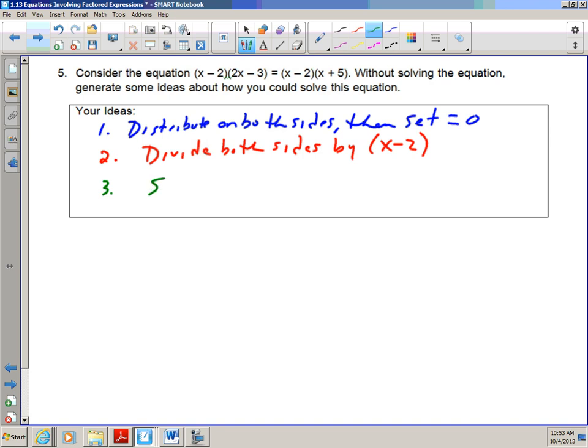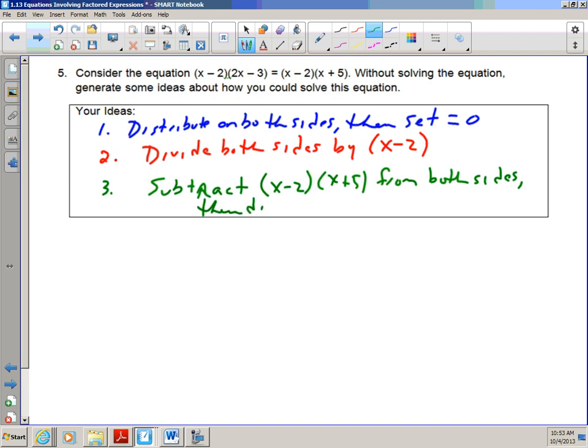So I'm going to subtract x minus 2 times x plus 5 from both sides, and then distribute. It's just in the opposite order of number 1. Okay? So let's do the first two.